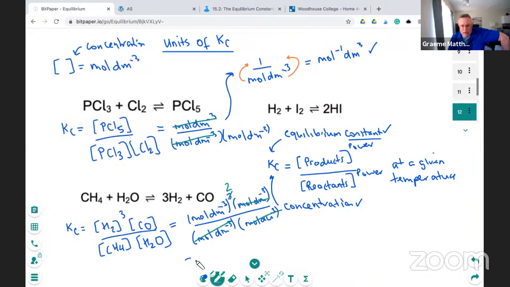So this would be moles squared. And right, so this 2 goes over here, moles squared. And this would be bring in the 2, decimeter to the -6, like so. Right. Now, this is your second one.